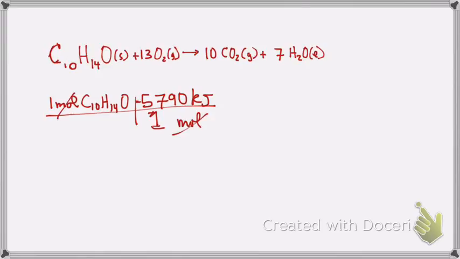And so that ends up being 5,790, right? And these energies that are over here on the thermochemical equation don't have per mole written in them because they're written for the way that the equation is balanced, like it is here. It says a 1 in here.